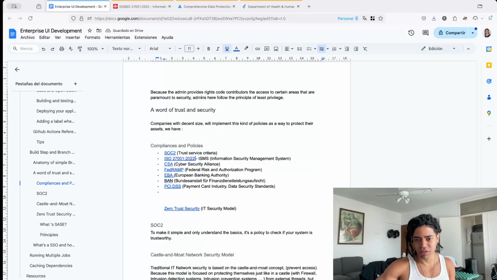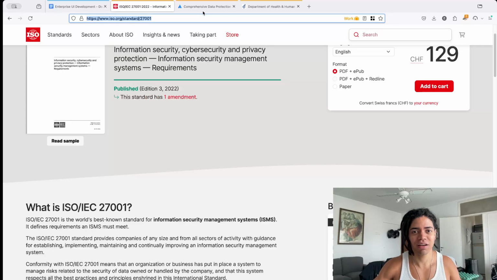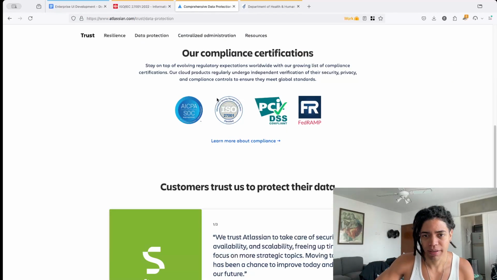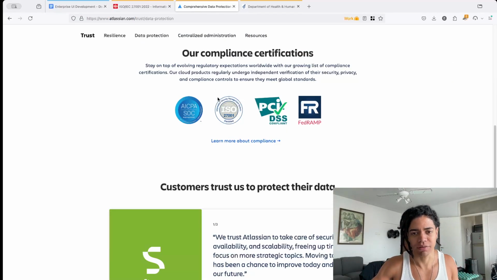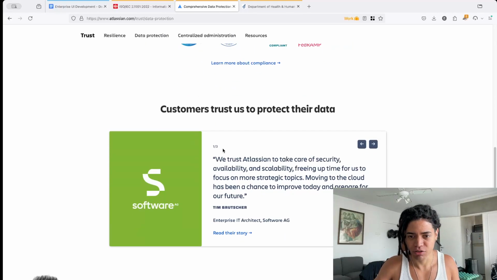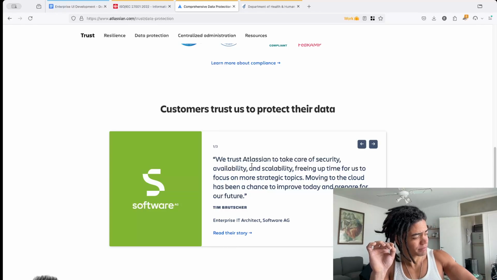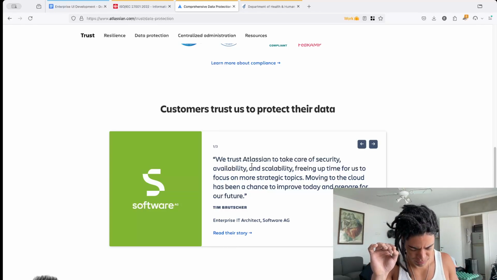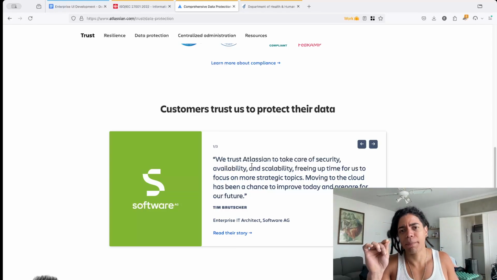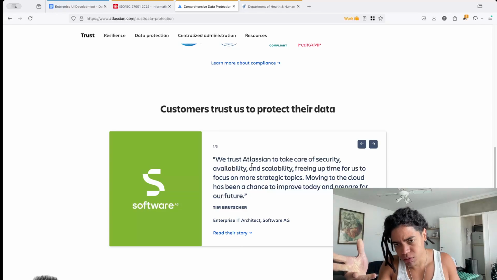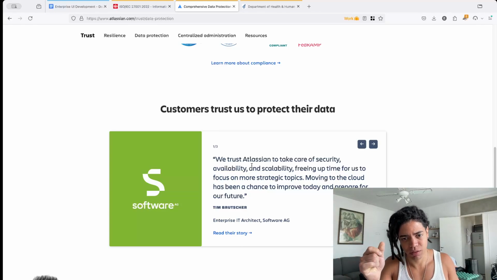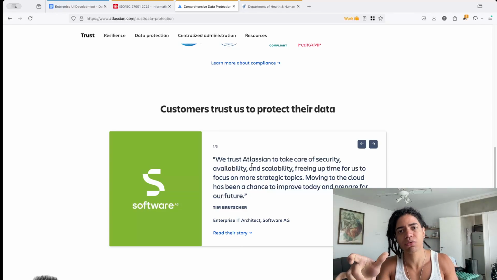There are a lot of things to learn. We trust Atlassian to take care of our security. That's why huge companies actually go to Atlassian, because they are aligned to all of this compliance.